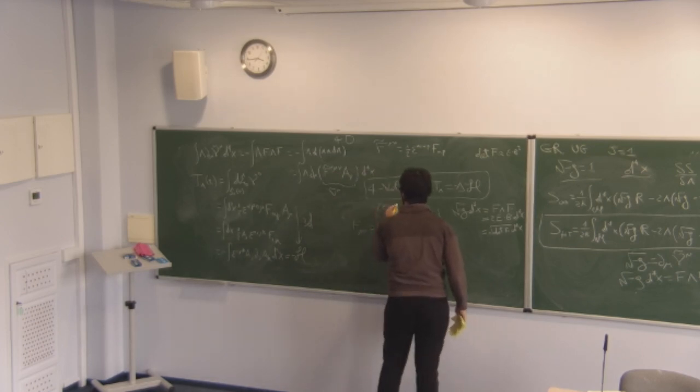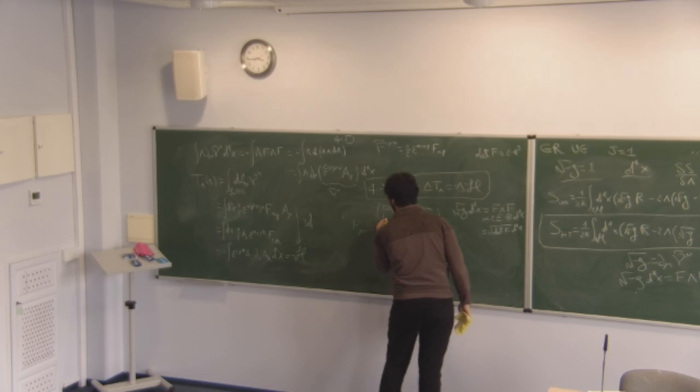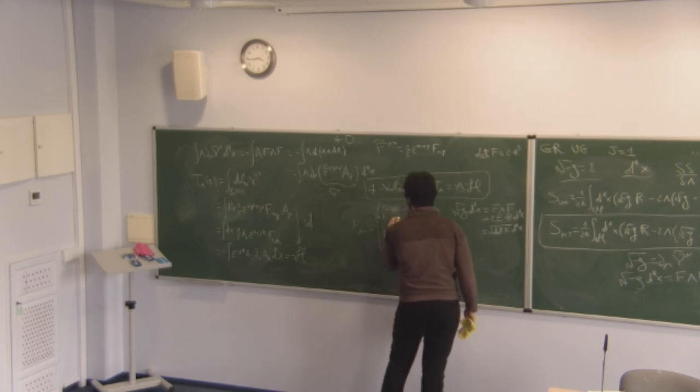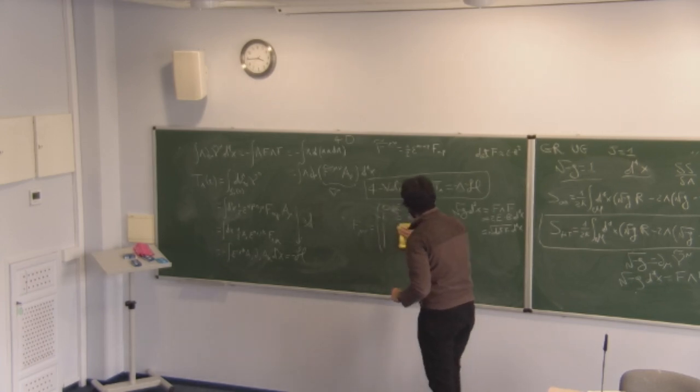You have 0 here, you have E, then you have 0, B, B, B... I think I'm doing something wrong here. There we go. I put an extra B.